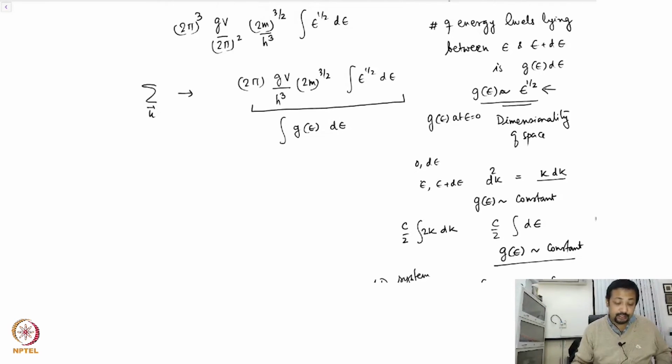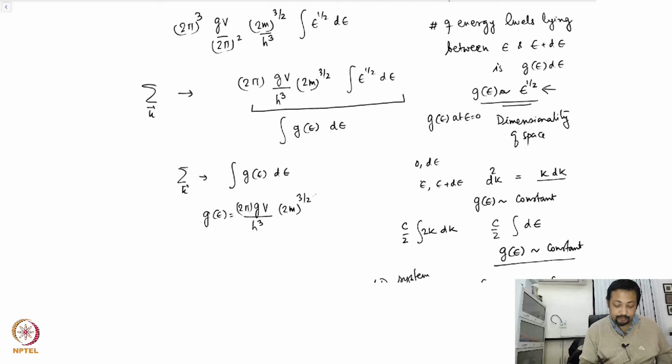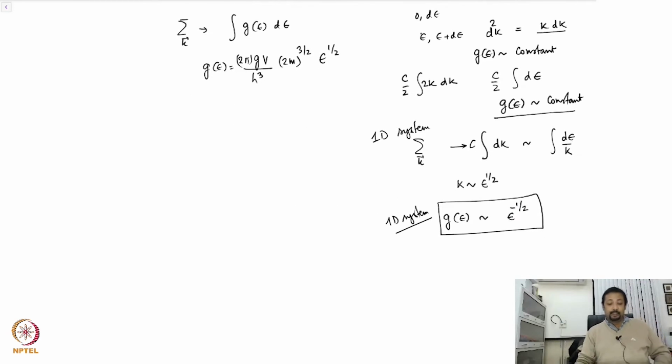Coming back to this now, I have the sum over k that goes to the integration of g epsilon d epsilon, with g epsilon given by 2 pi g V over h cubed, times (2m) raised to the power 3 by 2, times epsilon to the power half, right?